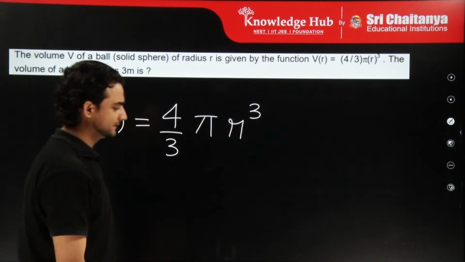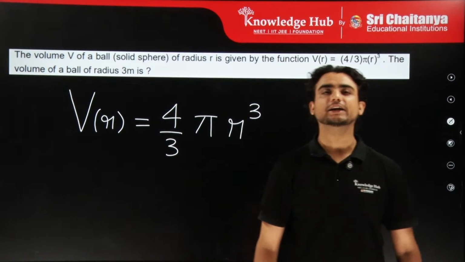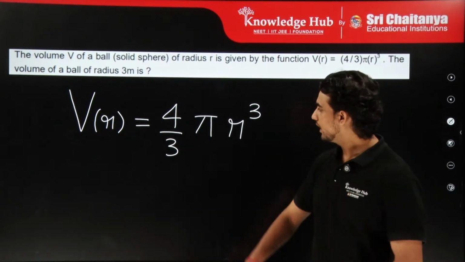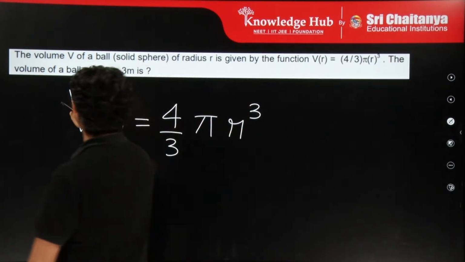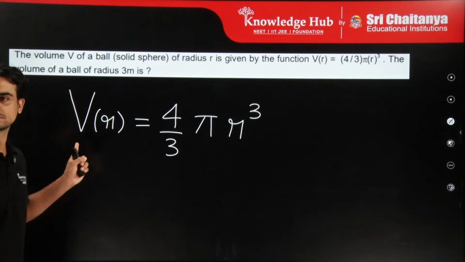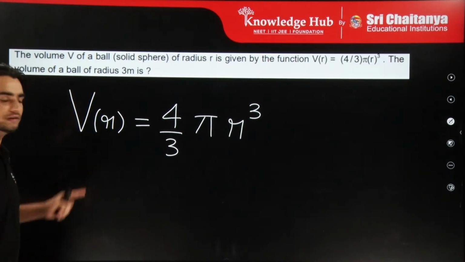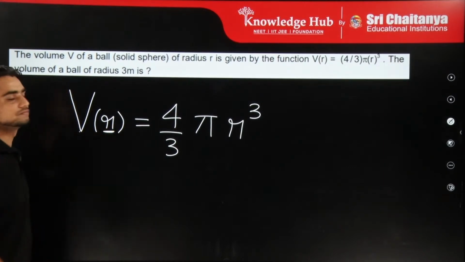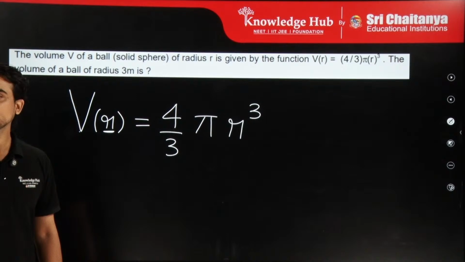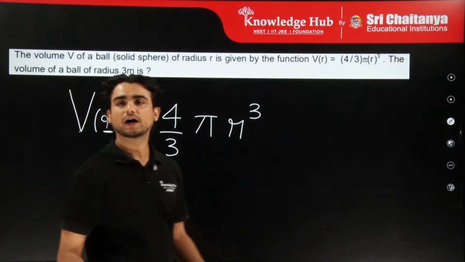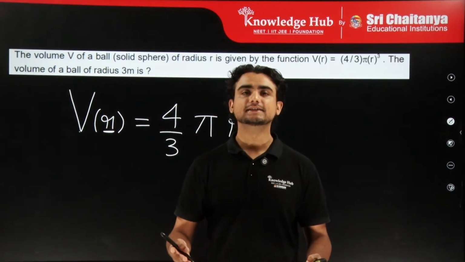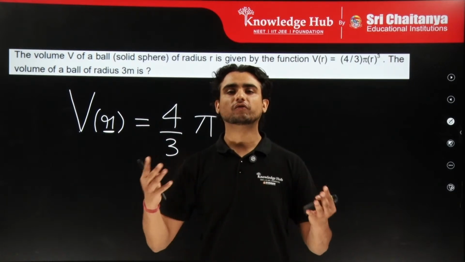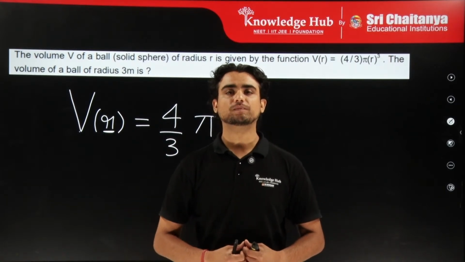Now what is he trying to say here? In this function V is my machine. In this machine I am giving input as r, right? And what do I get as output? I get output as the volume of my solid sphere.